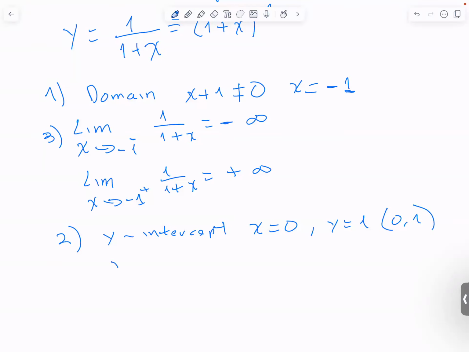Now, the x-intercept is when y equals 0, and the function 1 over 1 plus x is never 0 because the numerator is a constant 1. The denominator can be 0, I mean, at negative 1, but then it goes to infinity. This is a rational function, so it is only 0 if the numerator is 0. I mean, there's no x-intercept.